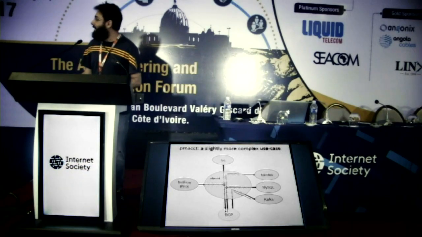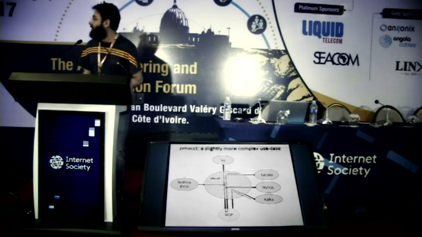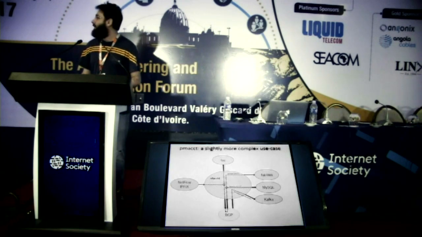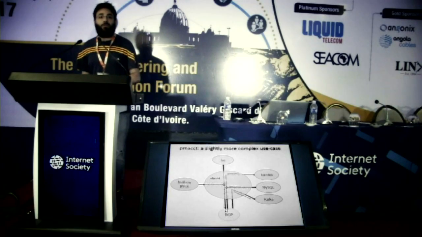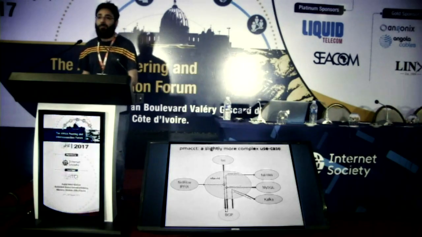And then this traffic correlated with BGP, so it's flow information plus BGP information, can be aggregated in different ways, and it can be sent to flat files aggregated in some way, and aggregated in yet a different way. For example, it can be sent to a MySQL database, right?